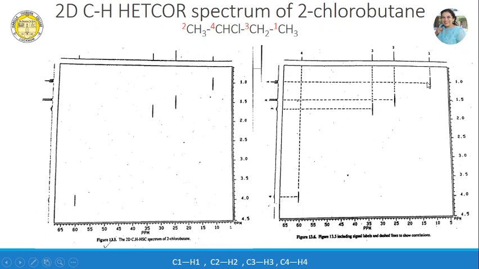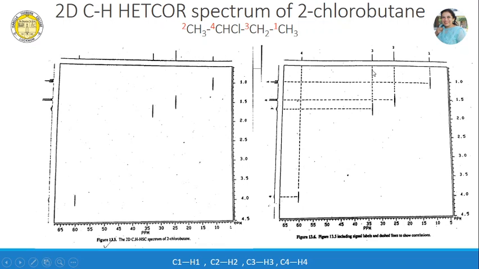And what kind of correlation are we getting here? If you see, the first peak of carbon at around 10 ppm is linked to one of the PMR peaks. That means at 1 I am getting a triplet. So that triplet, these protons which are giving a triplet, are attached to carbon atom 1. Similarly, carbon atom 2, I have got protons coming at 1.5 and they are giving a doublet.